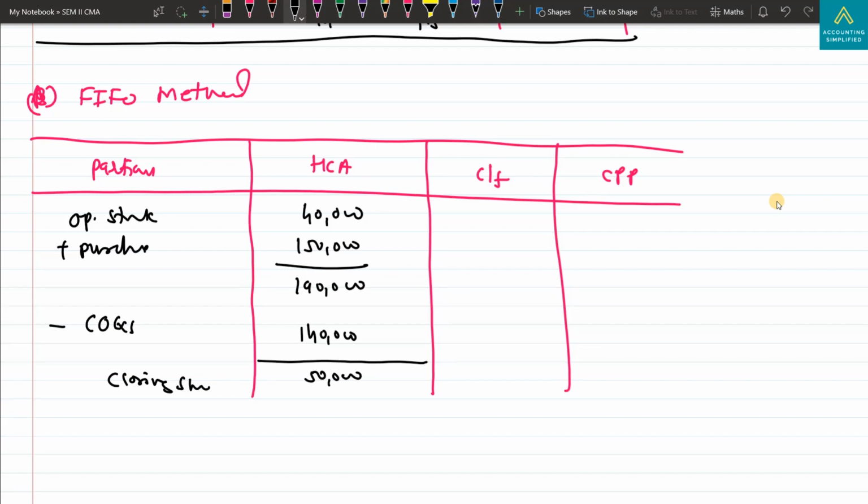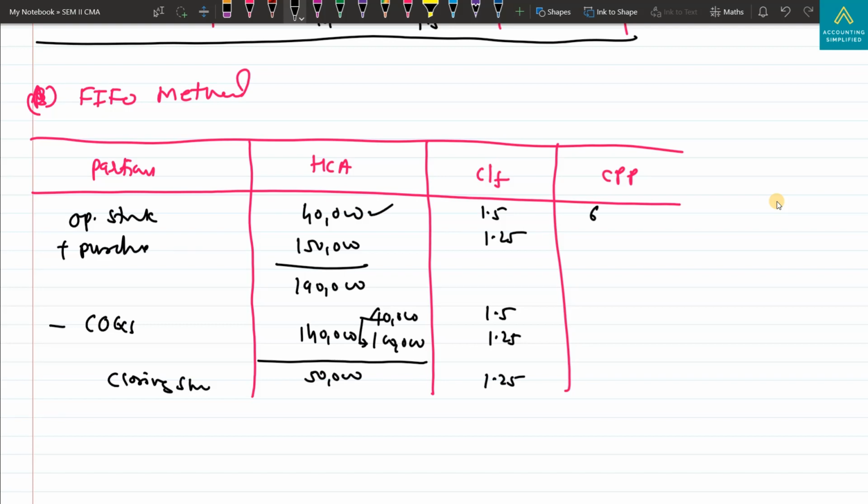Now this 1,40,000 cost of goods sold, this is first in first out, so this 40,000 will go first, and remaining 1 lakh from the current purchase. So no need to explain this much. So 1.5, 1.25, again 40,000, 1.5, 1.25, and remaining 1.25.